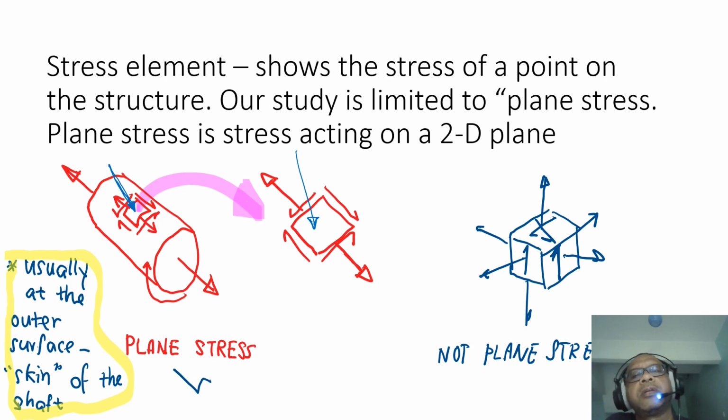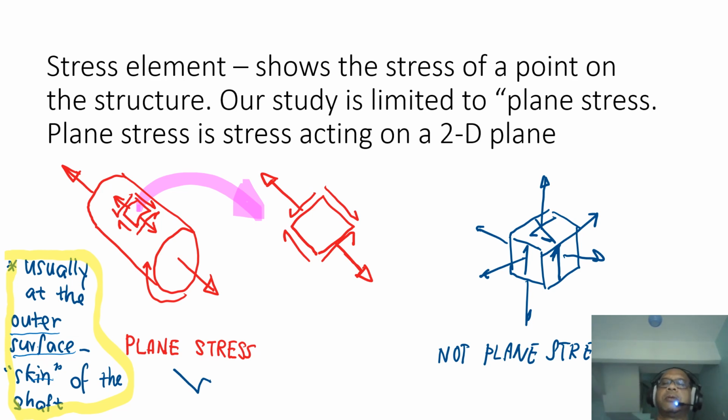An example of plane stress is this shaft when you subject it to loading, and you can find the stresses acting on the surface of the skin of the shaft. So this is called plane stress, and if it is 3D, it's not a plane stress.